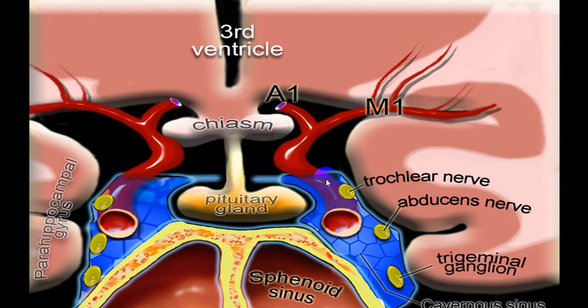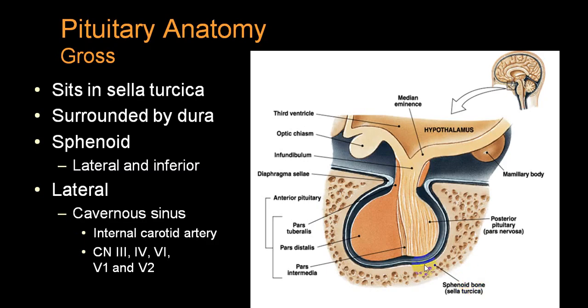And in this cavernous sinus, you have the internal carotid artery, fourth cranial nerve, sixth cranial nerve, and trigeminal V1, V2 branch, which we already showed you. The maxillary division does not come in the cavernous sinus.